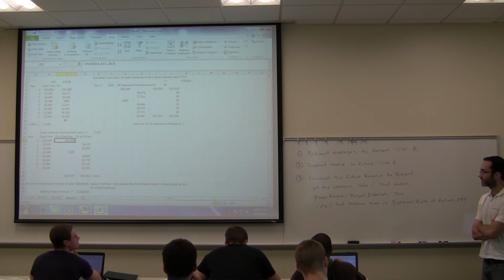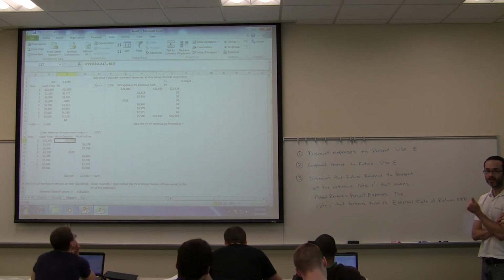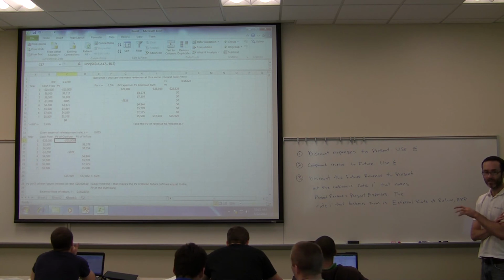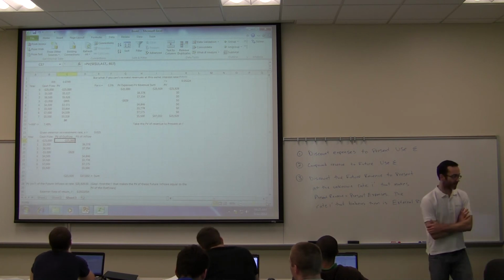The external rate of return accounts for not only the rate the cash is being generated, but also it takes into account what you're reinvesting it at. I had a good return, but it wasn't on enough money.